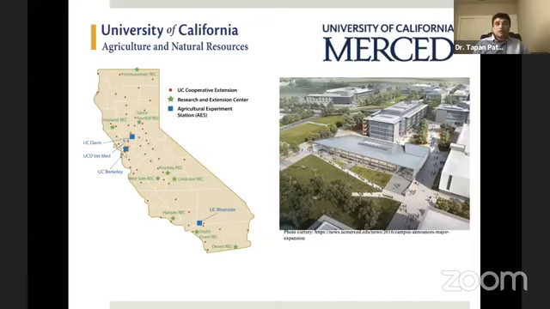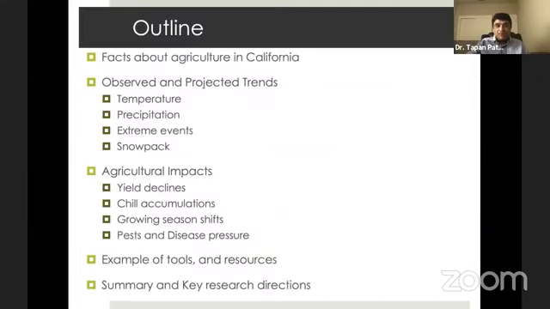Although agriculture is not one of the major components of the UC Merced campus itself, because a lot of the ag research is done at ag experiment campuses, including UC Davis, there is a lot of applied and interdisciplinary ag research going on, including big data analysis, remote sensing, and drone applications. If there are students who want to pursue higher education degrees at UC Merced, feel free to contact me.